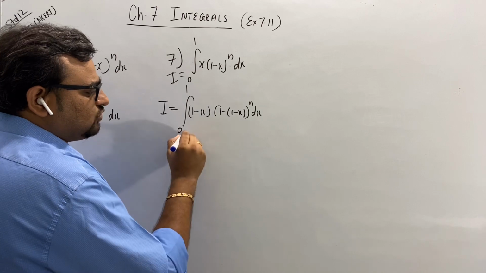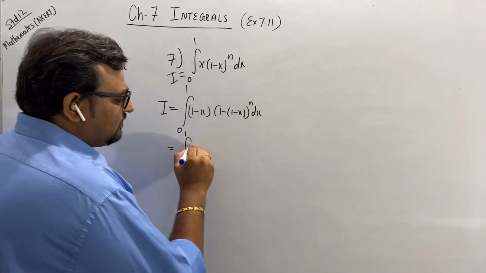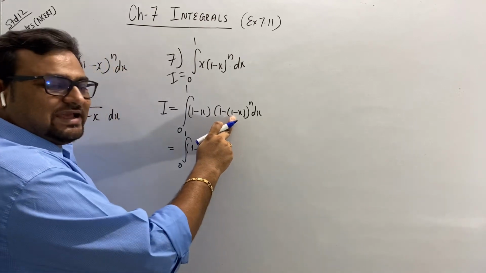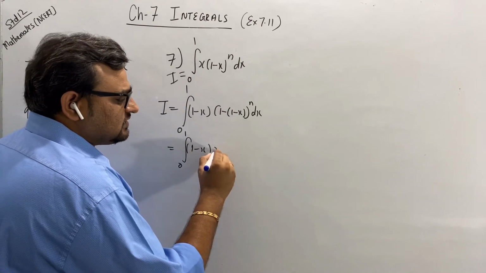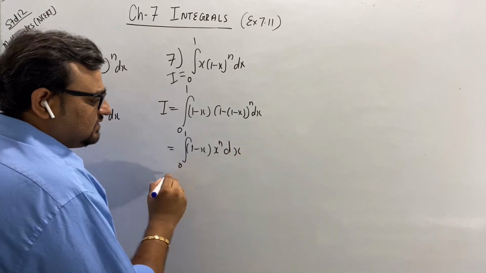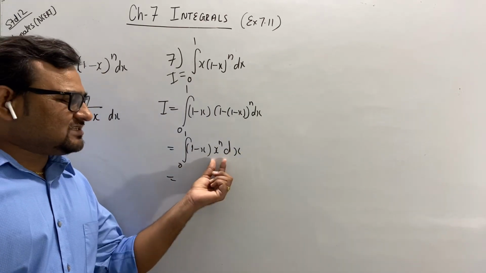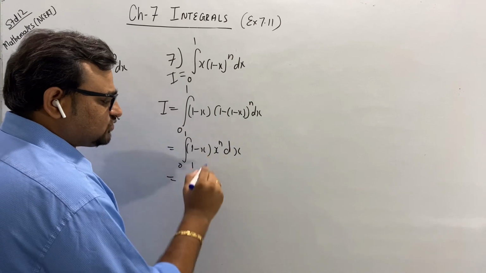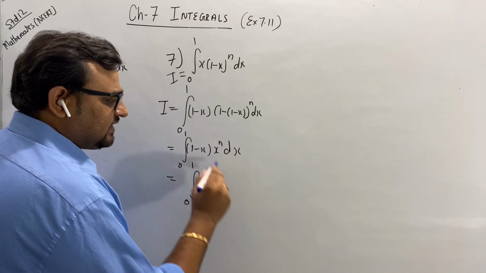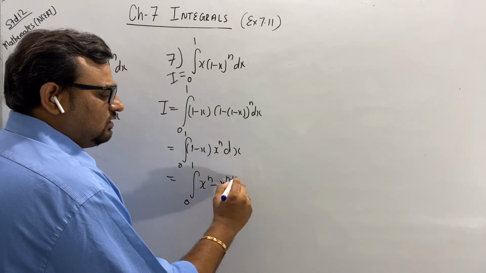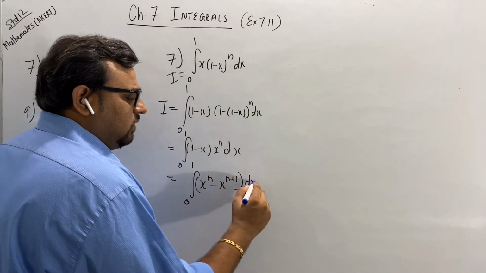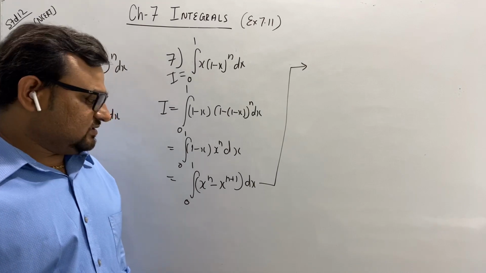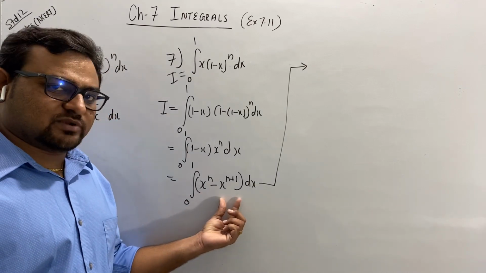So this will be 0 to 1, 1 minus x, the 1 minus 1 will get cancelled, and minus minus is plus. So now you can easily multiply this x raised to n here. 0 to 1, x raised to n minus x raised to n plus 1 dx. Clear? x raised to n minus x raised to n plus 1 dx.